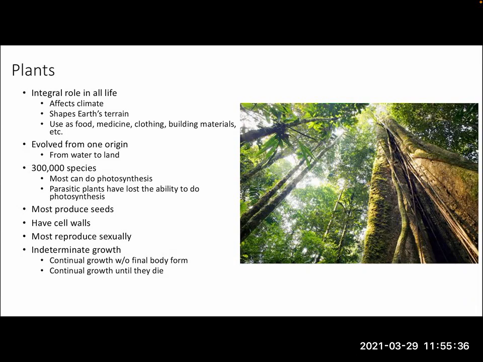Trees and vegetation are also important for shaping the Earth's terrain because the roots will hold the soil in place. They prevent erosion, and they help to reduce the rates of erosion. Whenever you remove forest and vegetation from the landscape, you tend to get really dusty areas because there's nothing to hold that soil in place anymore, and the wind can blow and pick that dust up.